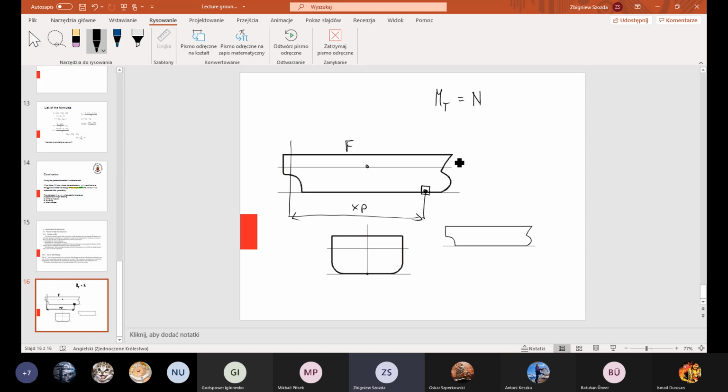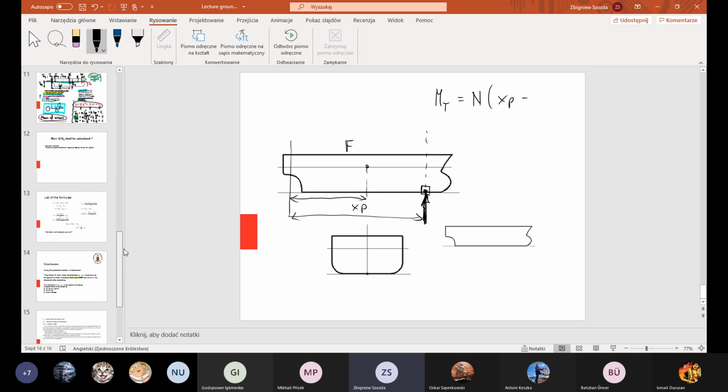Weight, it means the force we are looking for, multiplied by the distance between point of action and position of the center of flotation.